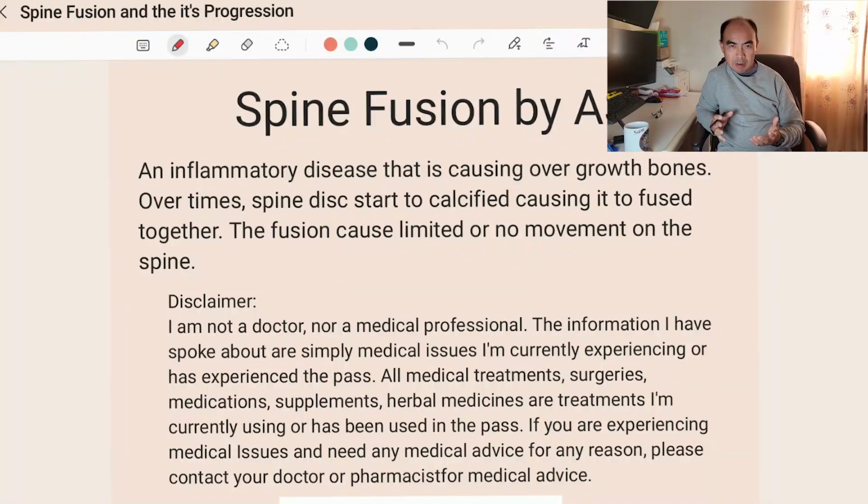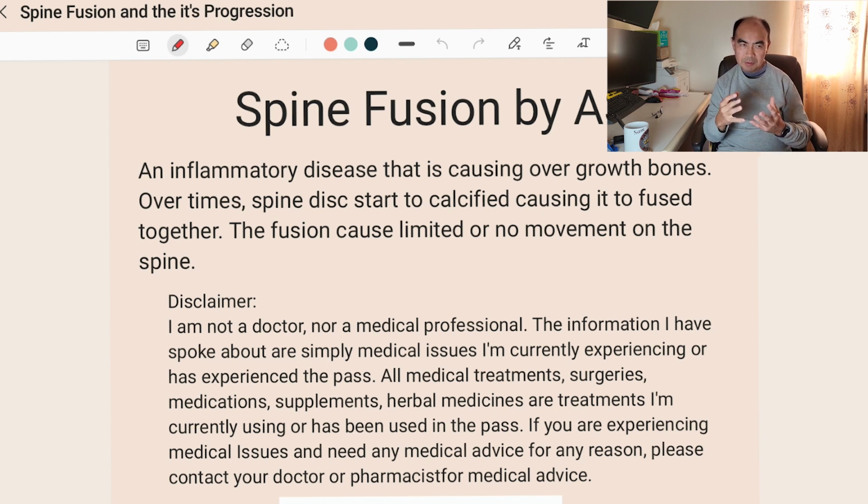Today I want to talk about the spine fusion caused by ankylosing spondylitis, rheumatoid arthritis, osteoporosis, basically an autoimmune disease that causes your spine to fuse.